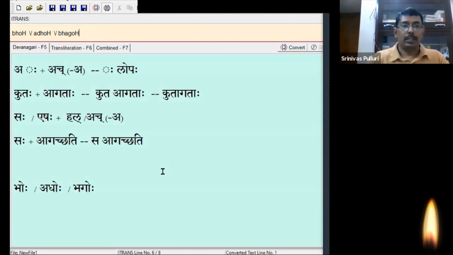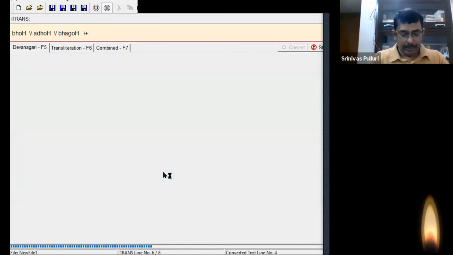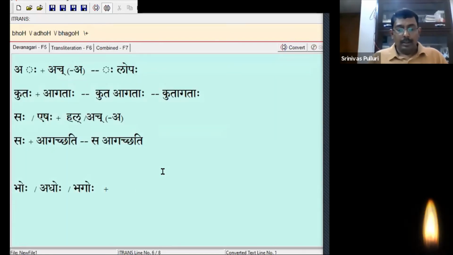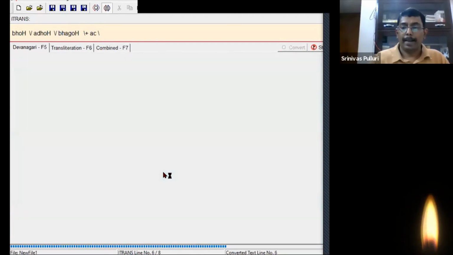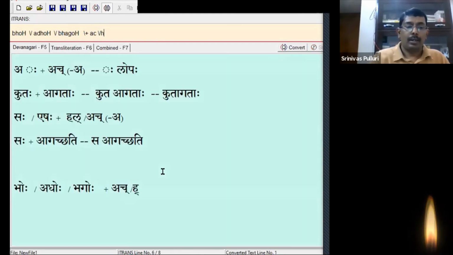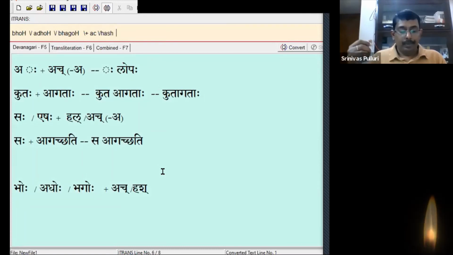This bagoho comes sometimes. The words bo, bago, adoho lose their visarga if any vowel or soft consonant follows. Then visarga is dropped. So this is the visargasandhi.